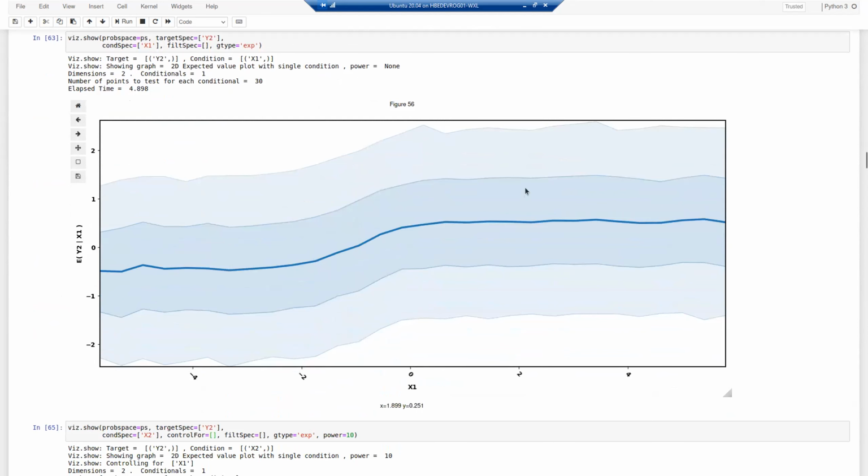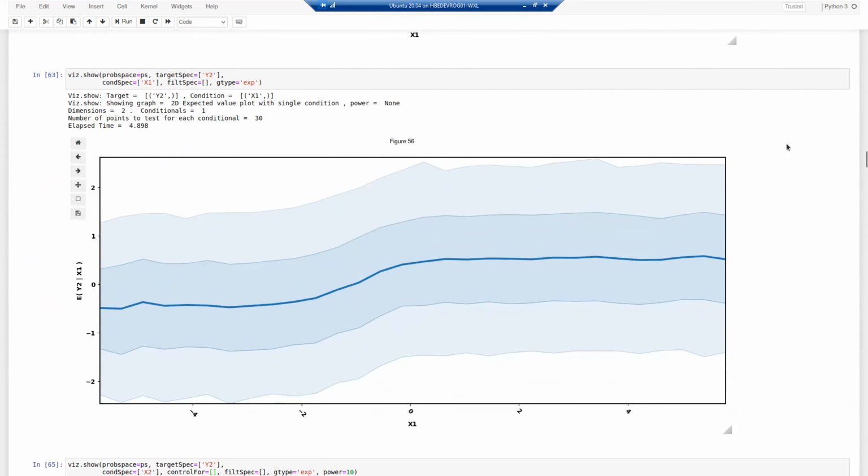Now, here we're looking at y2 given x1. Recall that y2 is a function of x1 and x2, but still we see the hyperbolic tangent shape, the S curve. And it's a little bit attenuated, a little bit squashed, and the noise is much wider here.